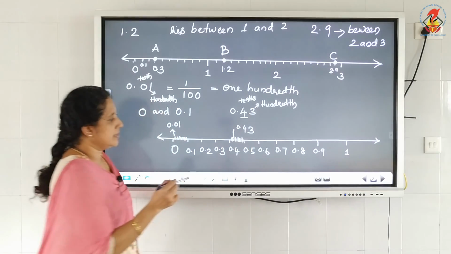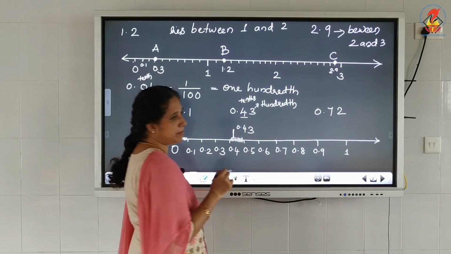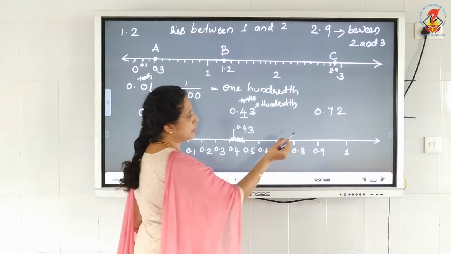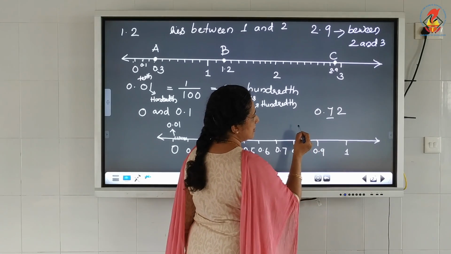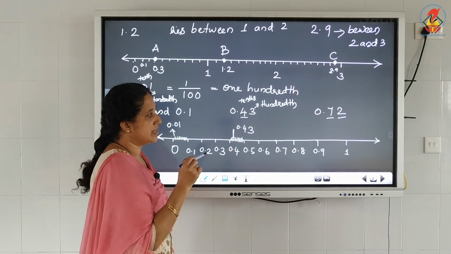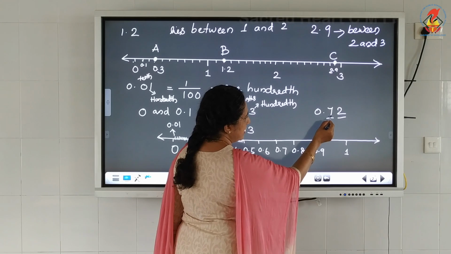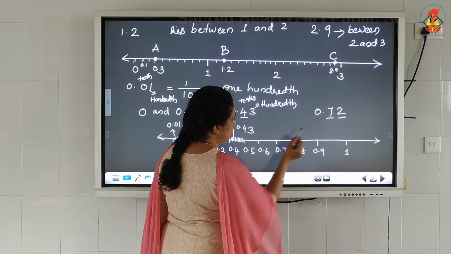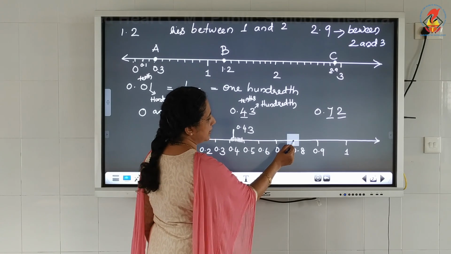0.43. Now suppose you want to represent 0.72 on the number line. 0.72 means 7 is in the 10th place and 2 is in the 100th place. Therefore, look at the digit at the 10th place, that is 7, so 0.72 lies between 0.7 and 0.8.